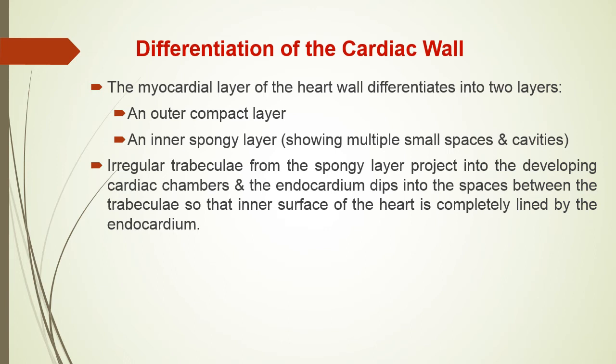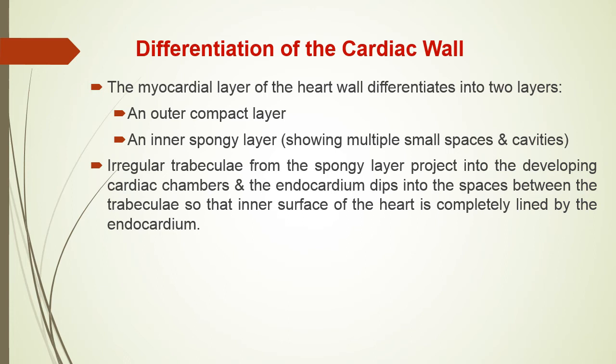And because it becomes spongy, irregular trabeculae project from this spongy layer into the right ventricle and left ventricle, and of course the endocardium, or the lining endothelium, dips into line these spaces and the trabeculae. The whole of the interior of the right and left ventricle is lined by endocardium.